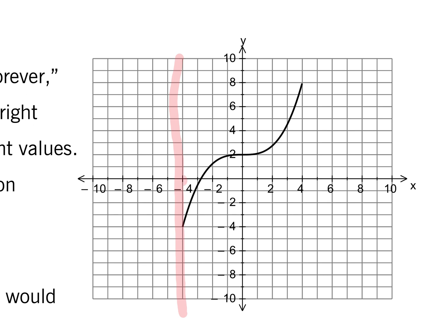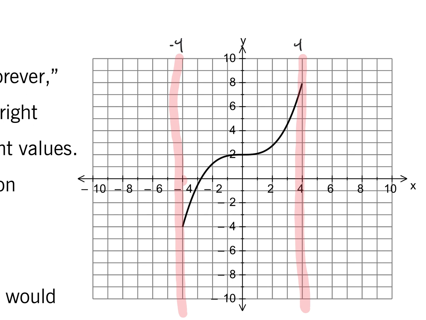That's the low end. The high end is at positive 4. So if we're talking about possible x values, it goes from negative 4 to 4. Anything in between that. It could be 0. It could be 1.2. It could be negative 3 7/8. Anything between negative 4 and 4 is fair game for x.